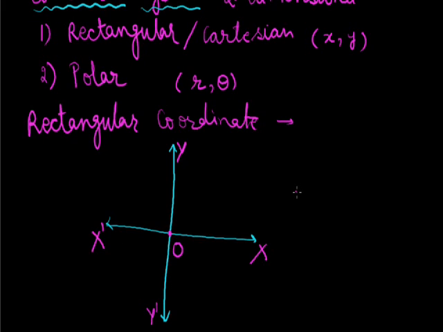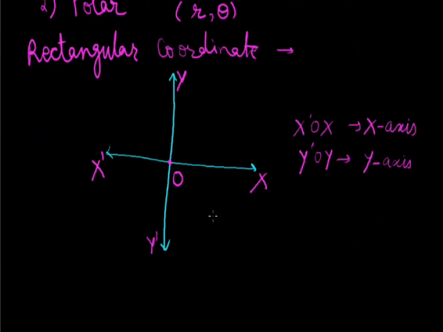So X dash O X is the line which is the x-axis, and similarly Y dash O Y is the y-axis, and the central point is the origin, and the location of any point can be described by these axes in the two-dimensional manner.